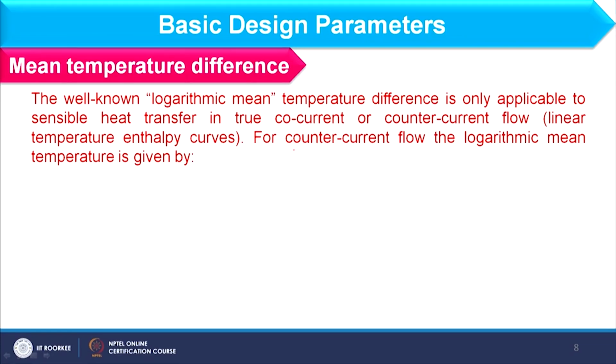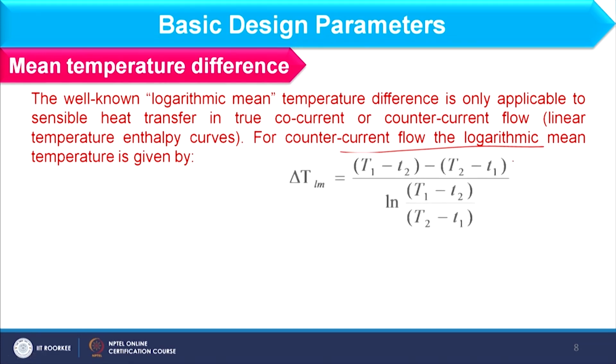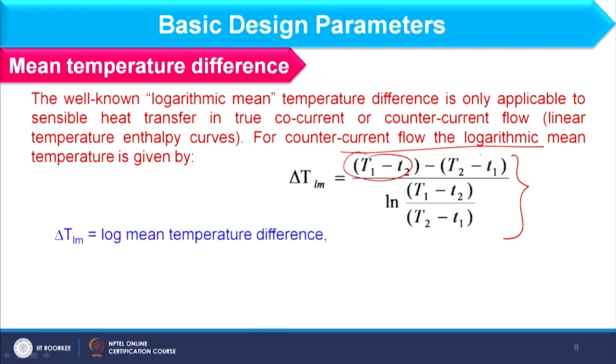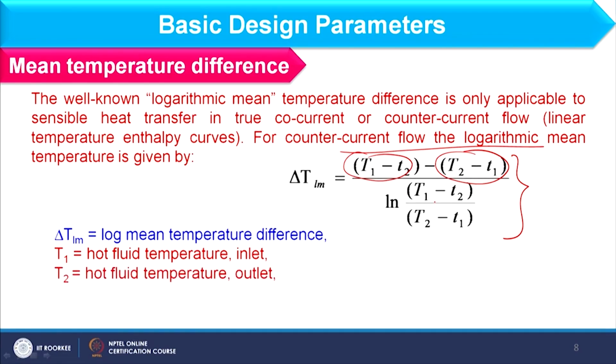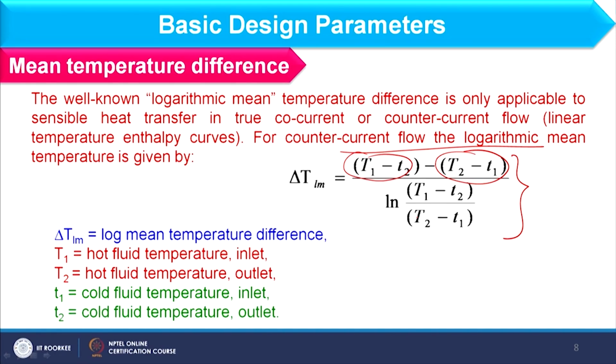For counter current flow, the logarithmic mean temperature is given by this expression: the temperature approach of one side, the temperature approach of the other side, and then the log of these temperature approaches. I think you are well aware of this equation. So, this is for counter current.